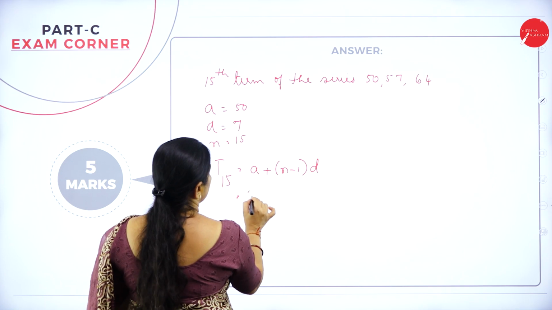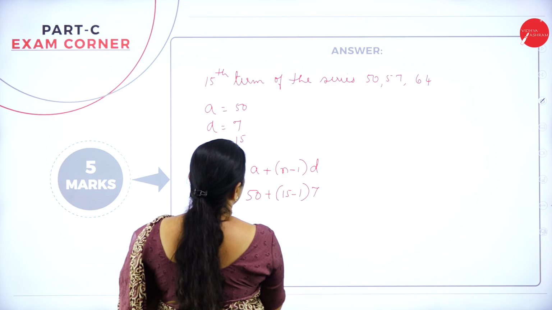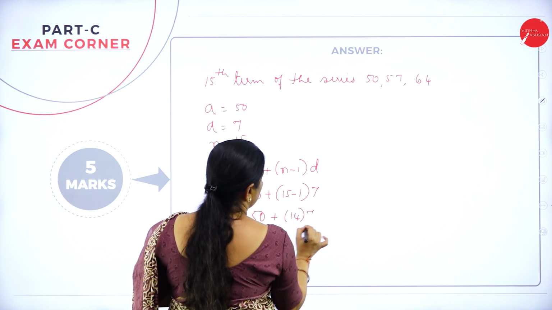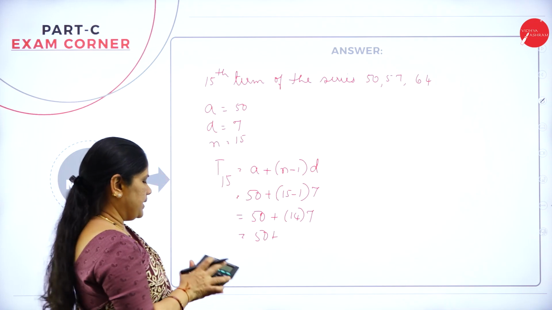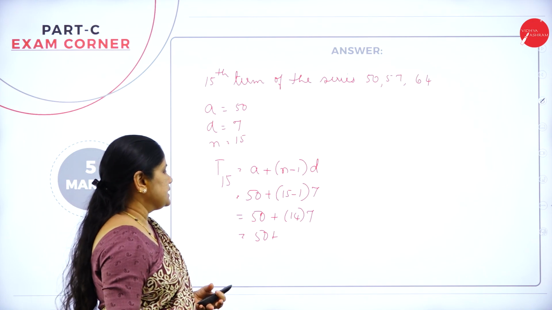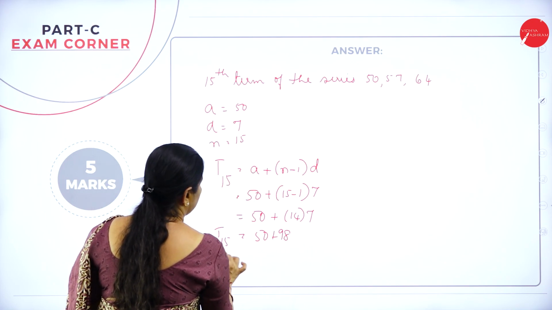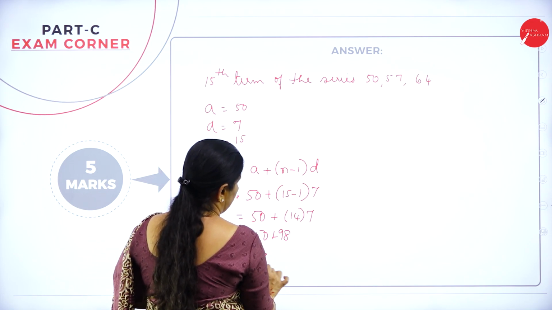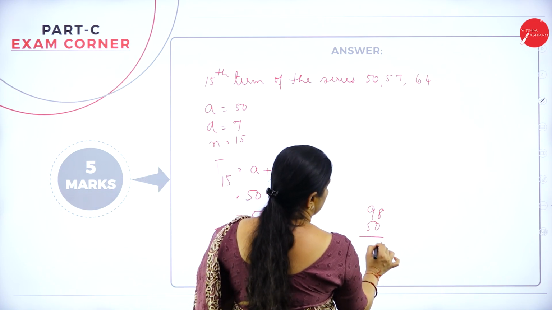So this will be equal to 50 plus (15 minus 1) into 7. So 50 plus 14 into 7. 14 into 7 will be 98. So T15 will be equal to 98 plus 50.